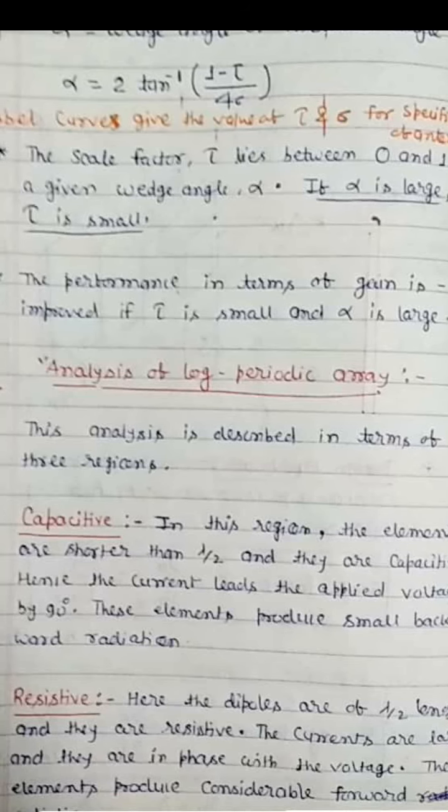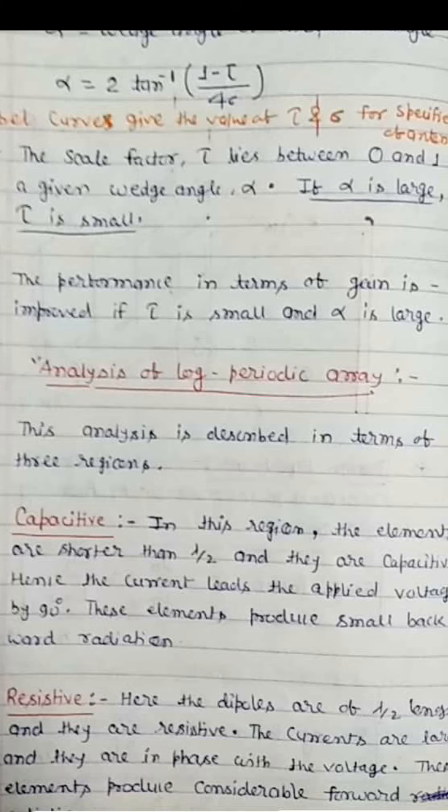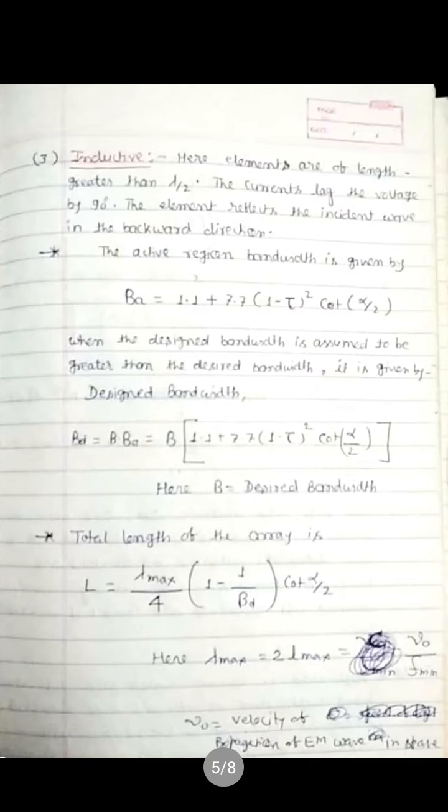Now the resistive elements. If the dipoles are lambda by 2 in length, then they are resistive. The currents are large and they are in phase with the voltage. These elements produce considerable forward radiation.